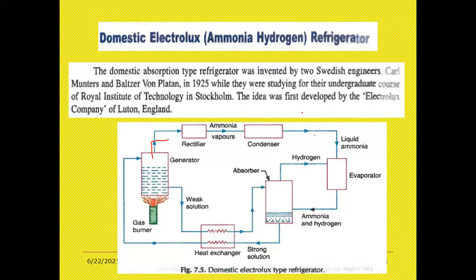Here you have the heat exchanger, a rectifier, a condenser, an evaporator, and an absorber. Instead of a compressor, here you use the absorber. You have a generator, rectifier, condenser, evaporator, absorber, and a heat exchanger. If you memorize these components, then you can automatically draw this domestic Electrolux system.